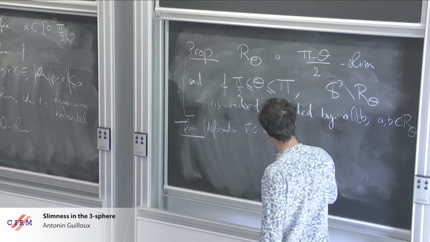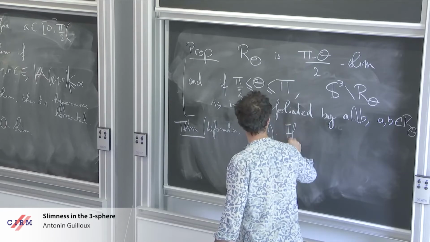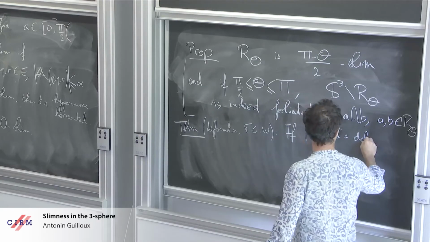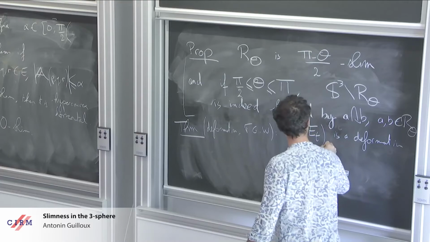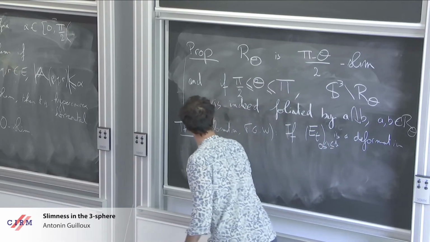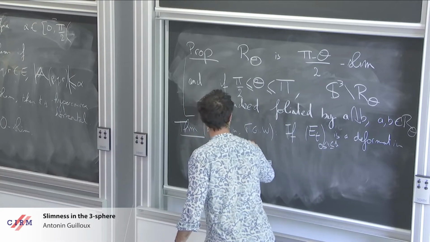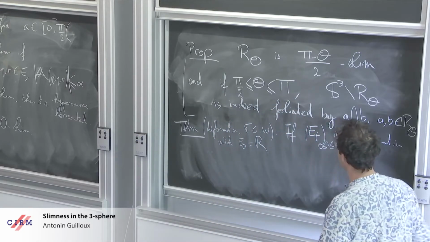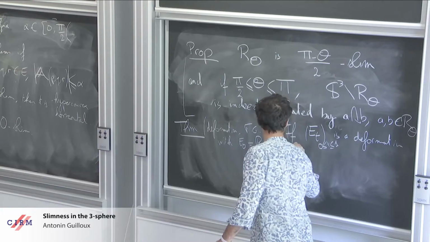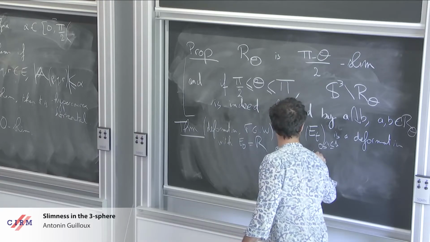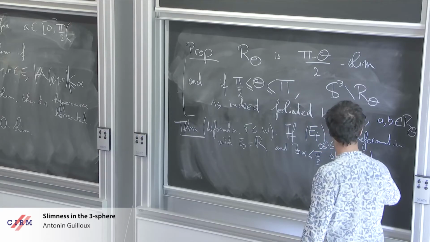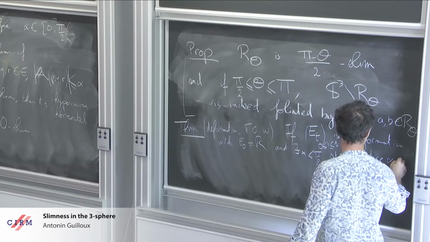The following one: if I have a deformation of my R circle, so I will write it in this way, a deformation with E0, my preferred R circle, once again the same, and there exists alpha such that all my sets are alpha slim.